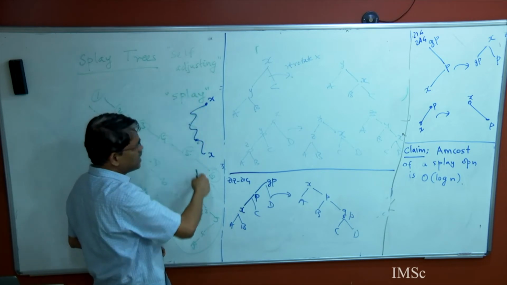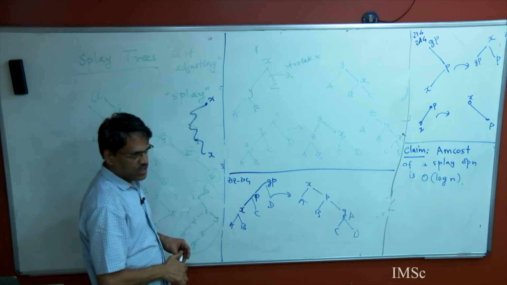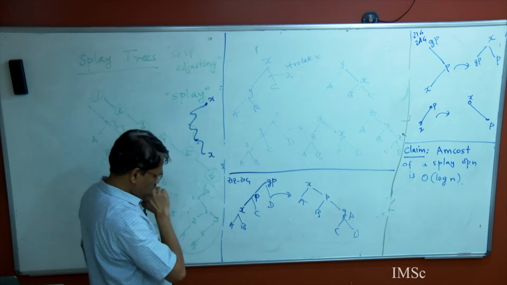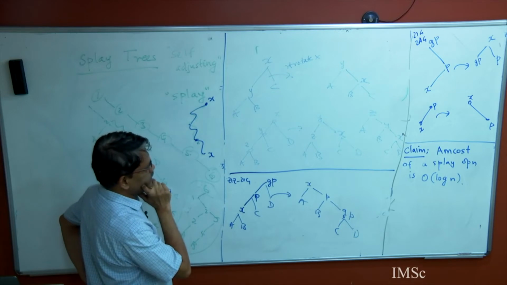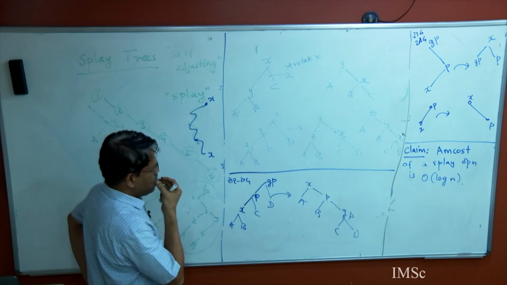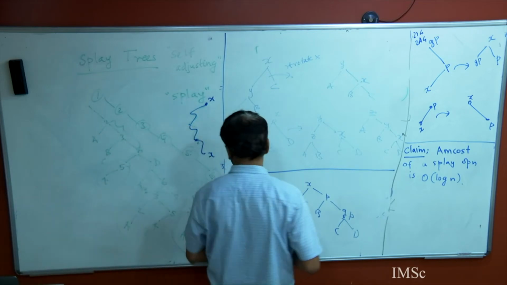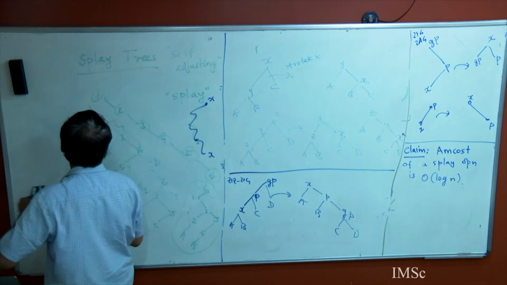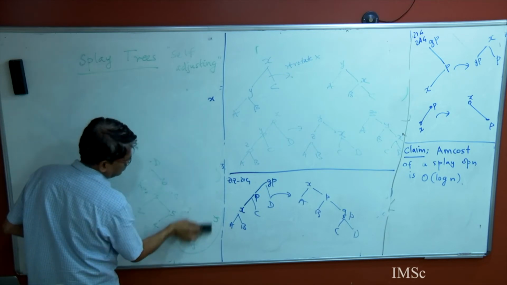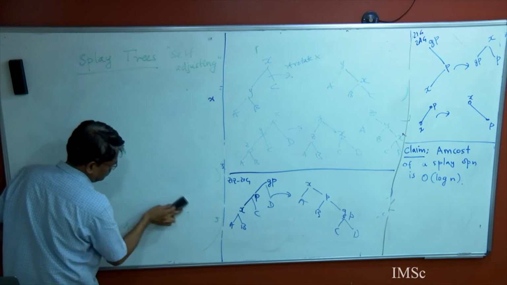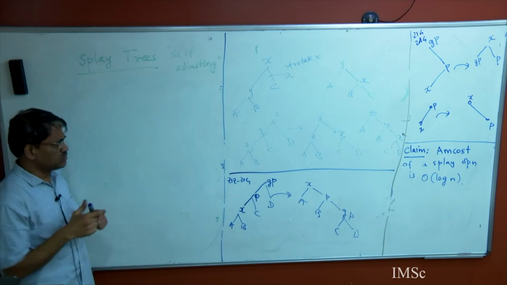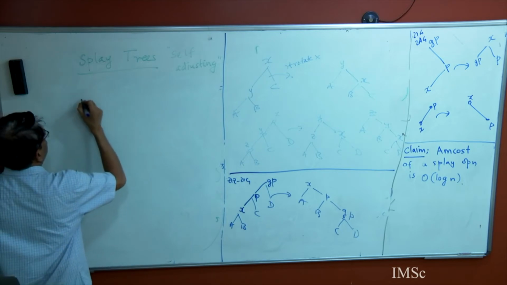The total cost is the length of the path, the actual cost. But what I want to claim is the amortized cost is order log n. So what we will show is the following. Let me define some things.